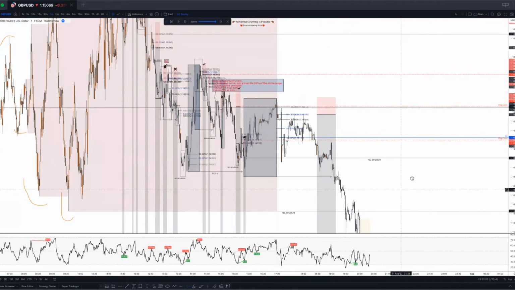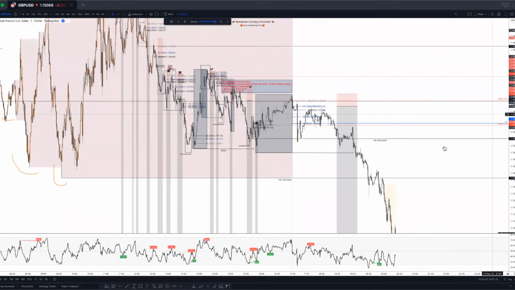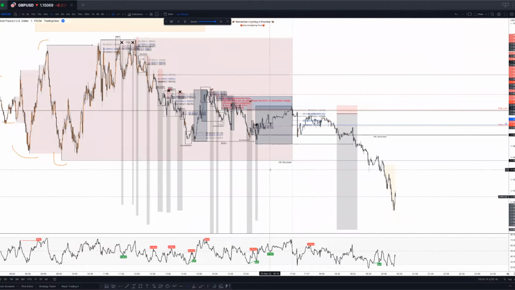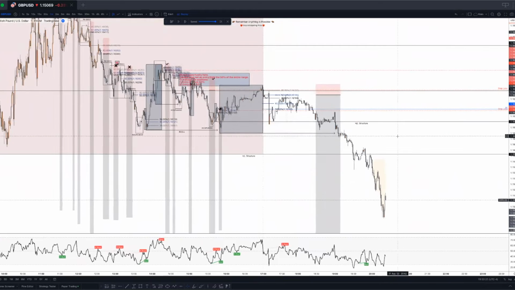I'm not doing the math, but in reality, I've taken partials on this one already. Definitely taking partials on the one that is running at plus 12R right now. I'm not doing math.